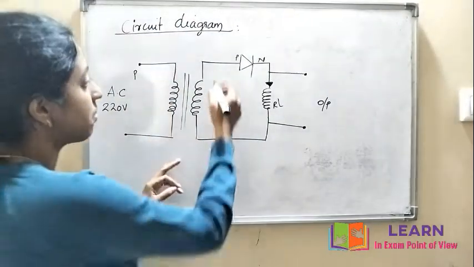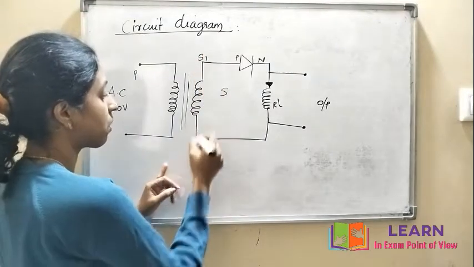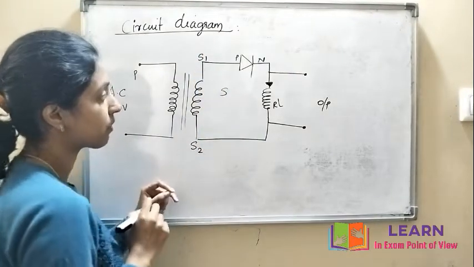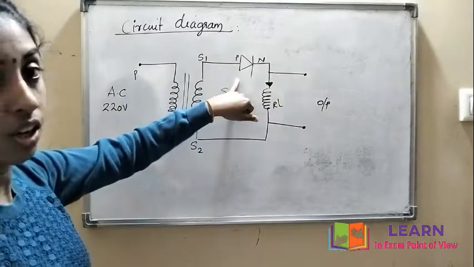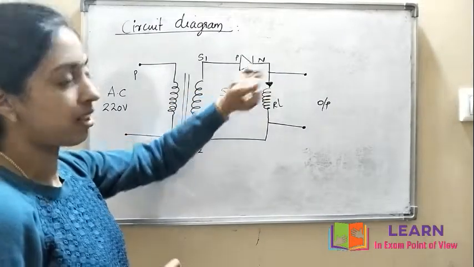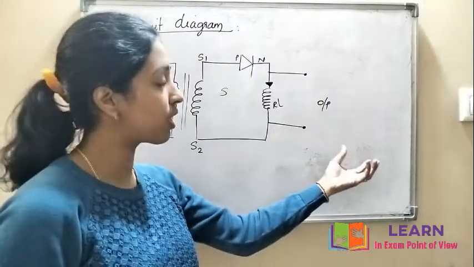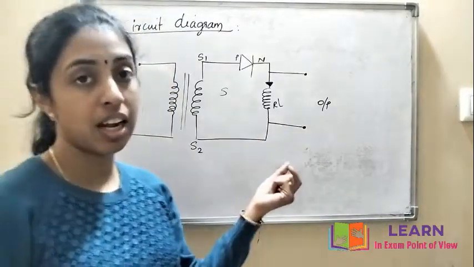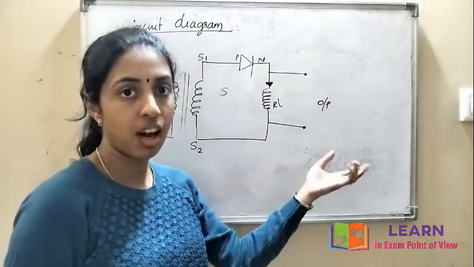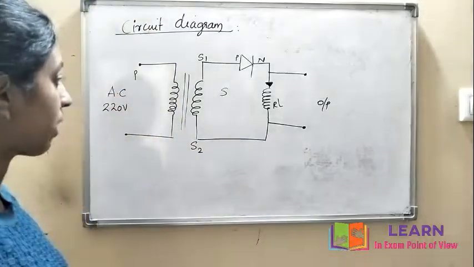We can mark this end as S1, this end as S2, and this is our PN junction diode. This is our load resistance where the output is drawn, where you can connect a light or speaker to detect the output.